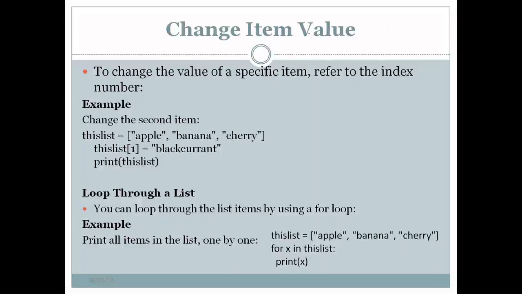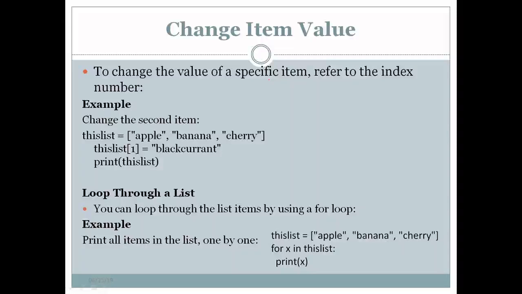Okay, next important thing is change item value. We can change individual items from the list. Now, as we have discussed earlier, lists are mutable sequences. Unlike string and tuples, which are immutable, which means we cannot change the individual elements from string or even from tuple.